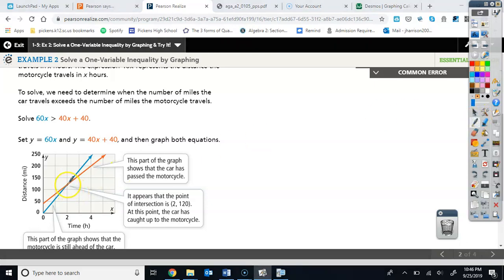Right here, as the little bubble says, at 2 and 120, it looks like the point of intersection between these two. That means anywhere past 2 hours, the car has passed the motorcycle. So whenever time reaches greater than 2 hours, that means the car has actually passed. I know we used x in our function here because it's hours there, but I just wanted to tie it back with time.